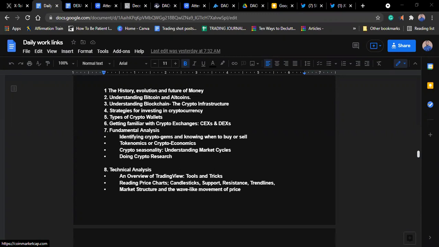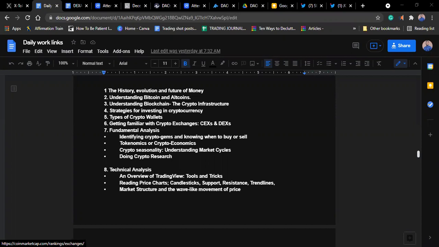You have the cryptocurrencies and their ranking, gainers and losers. We'll do a special class where we'll look at how to use CoinMarketCap for research, determining what coin to buy and sell. So we'll look at exchanges. Under exchanges, you have your spot exchange, you have derivatives, you have decentralized exchange.